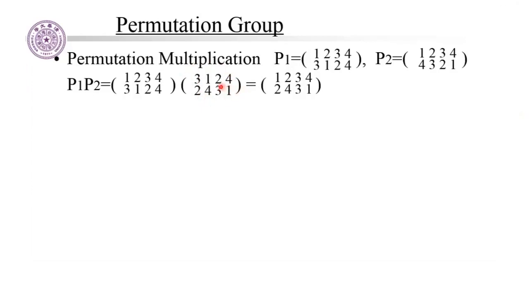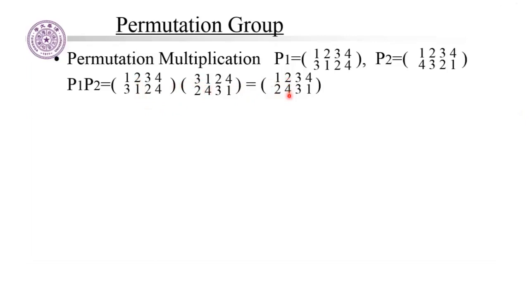We will realize what was achieved through the multiplication. First, we do P1, where 1 becomes 3. In step 2, 3 becomes 2, corresponding to P1 times P2. Their result has transformed 1 into 2. Corresponding to 2, it has changed into 1, and 1 is transformed into 4.